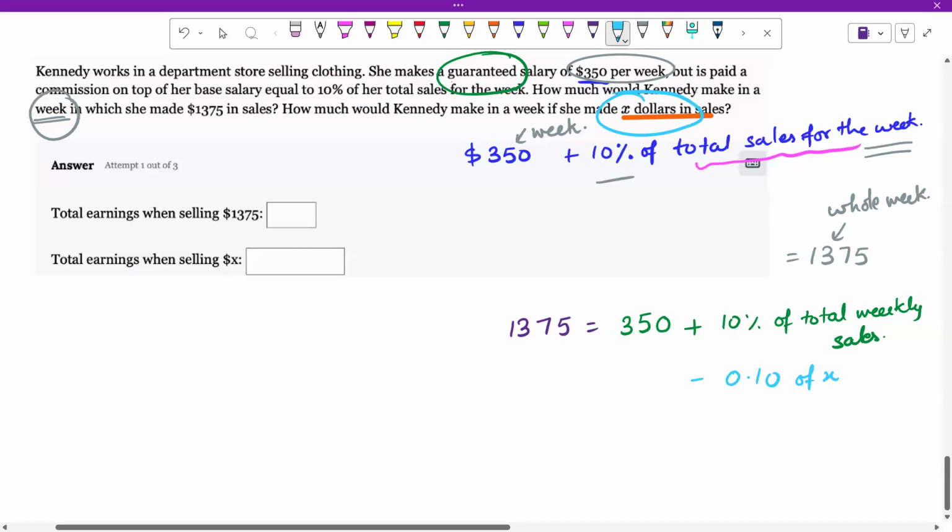Right now the total earnings is 1,375, but over here they are saying total earnings when selling X dollars. So if we write it in this format, it's going to be 350 plus 0.10 times X.